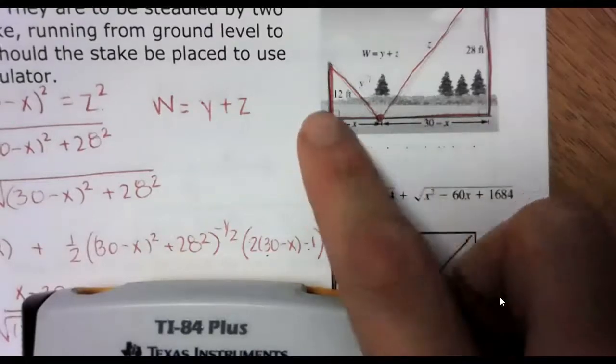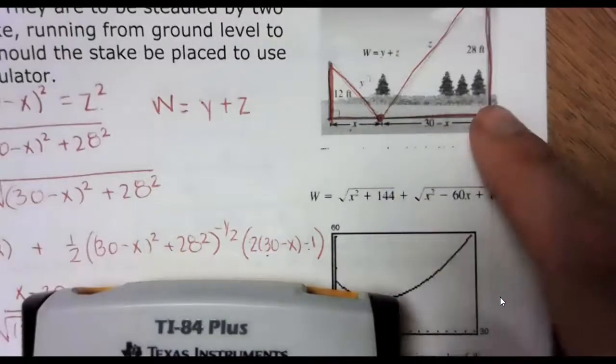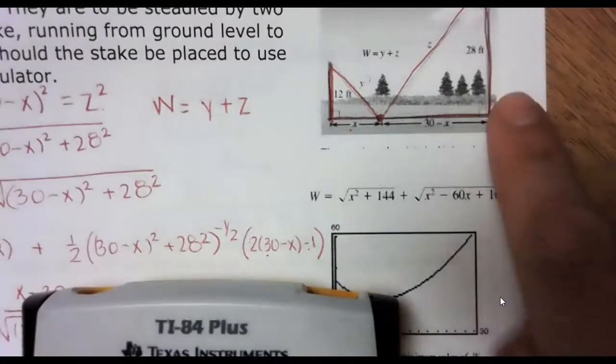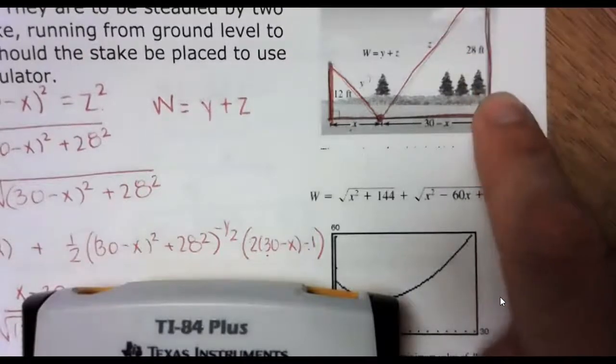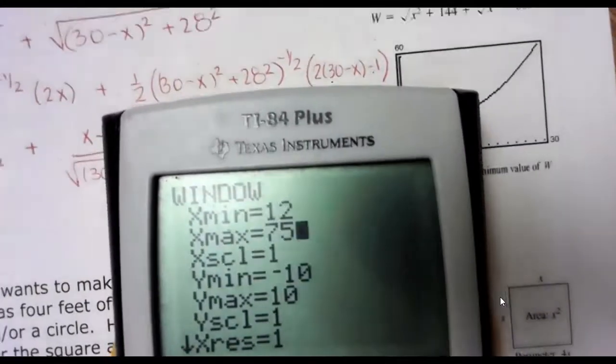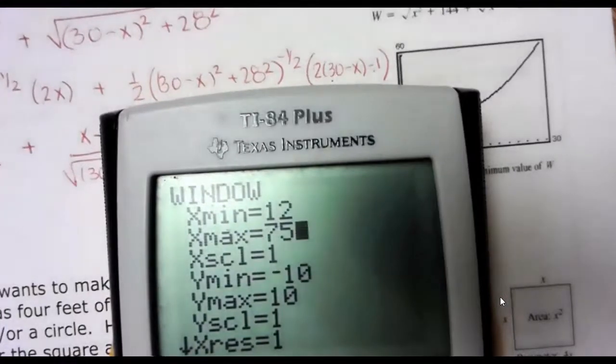And then the base of this whole triangle is 30. So again, I know my y max is probably going to be pretty big, especially if this is 28. So I might take my y values out to like 75. So I'm going to change my y min to 12, my y max to 75. I'm just going to change my x scale to 5.